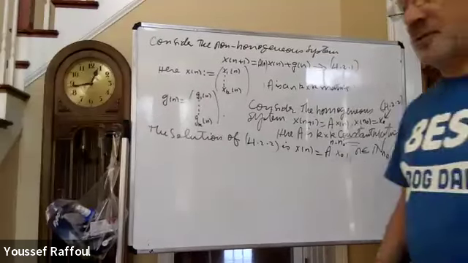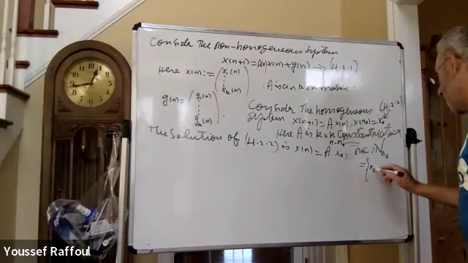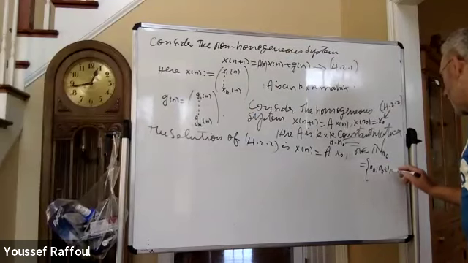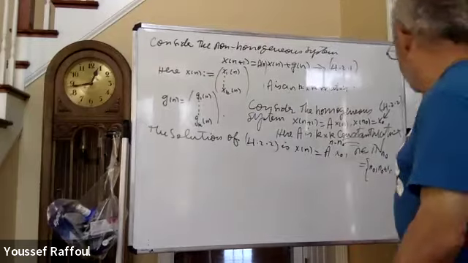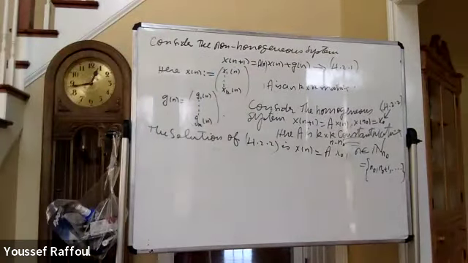Remember what N naught is. Let me remind you of what N naught is: N naught, N naught plus 1, etc. If n naught is 0, that means your set is 0, 1, 2, 3, 4, 5, and so forth.